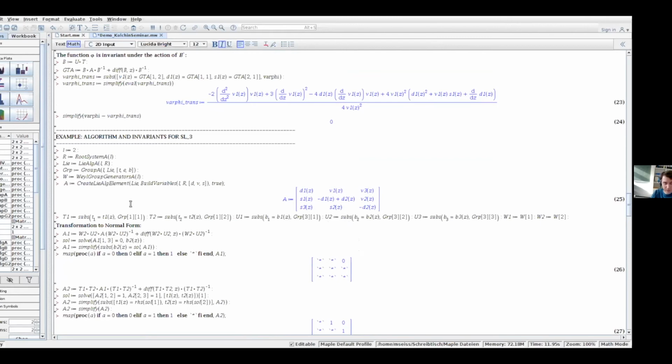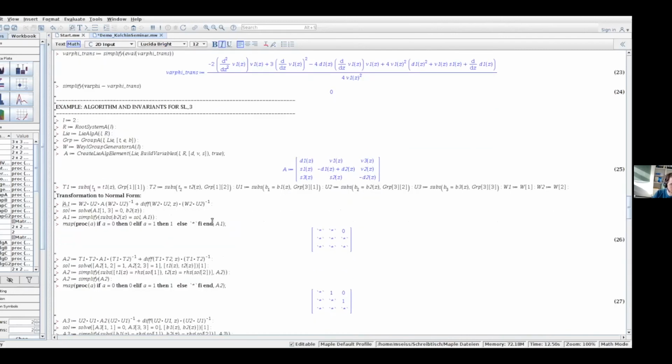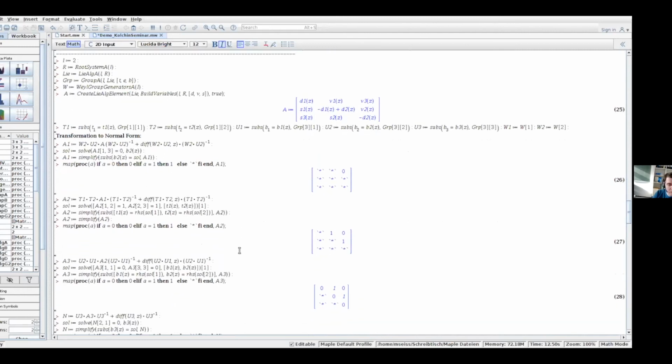Okay, and the case of SL3, where the matrix looks like this. First, we gauge transform to normal form. The first thing is to use this as a pivot element and delete this component. So we gauge transform by U2 and the simple reflection W2, solve the linear equation, substitute, and now we deleted the right upper corner.